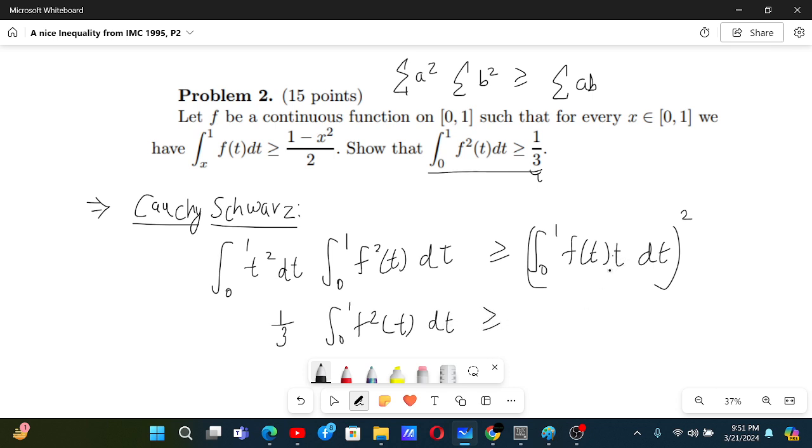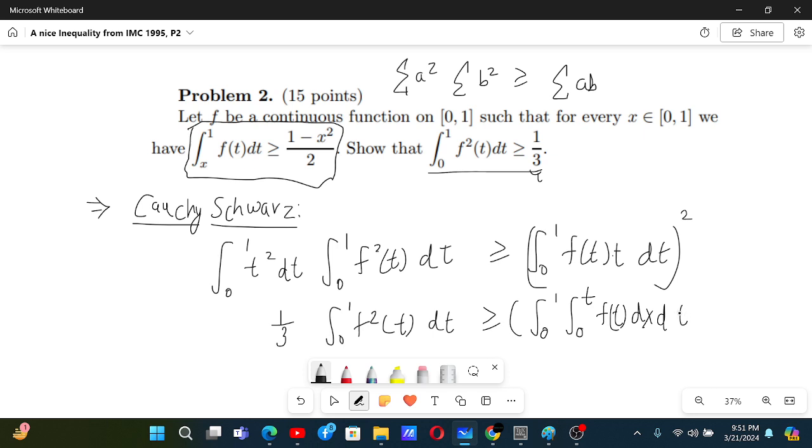Now how do we deal with this integral? We are given this thing and it needs to be used. So basically we can try to convert this to a double integral from 0 to 1 and then the integral from, let's say, 0 to t of f of t dx dt.